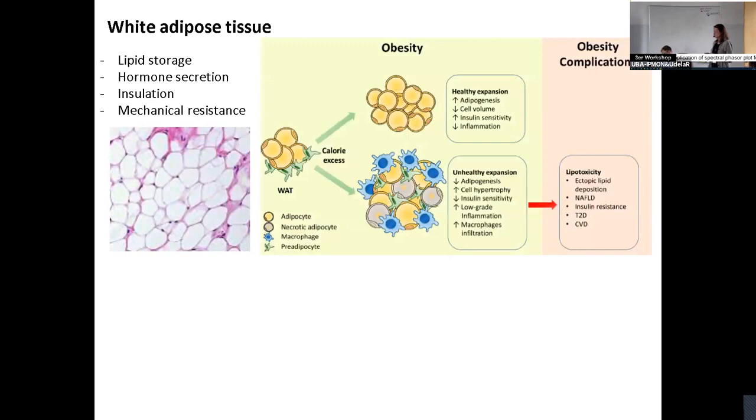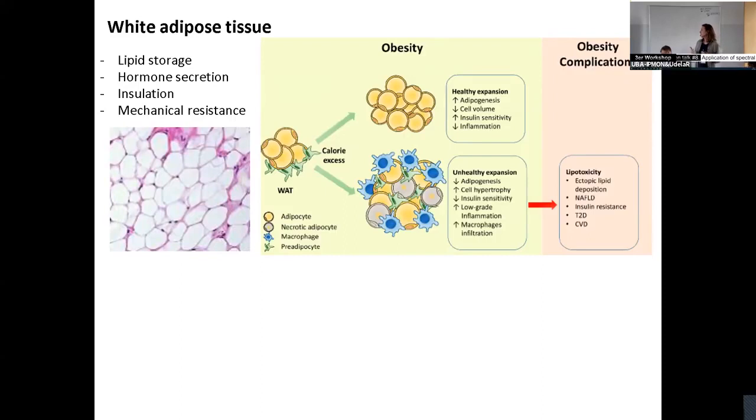During obesity, the white adipose tissue expands, but it can expand in different ways. If there is an increase in cell number and in differentiation, then the tissue expands in a healthier way because the fat is stored in a higher number of cells.